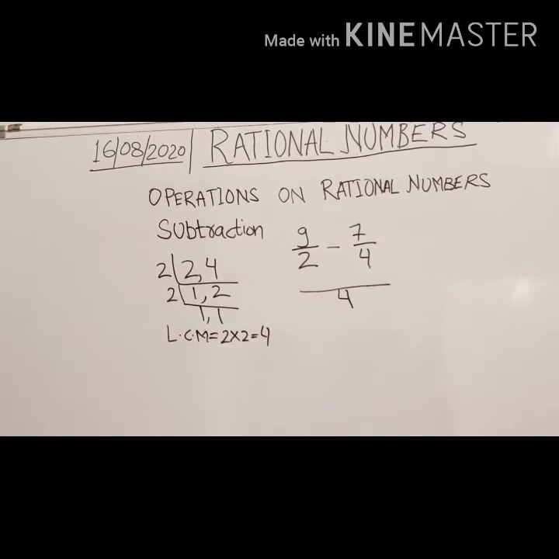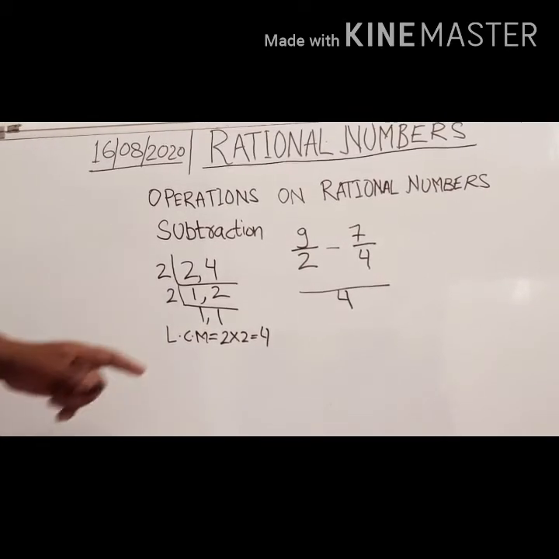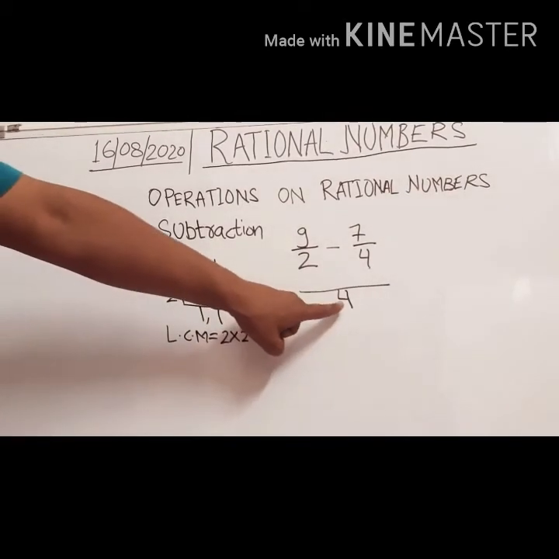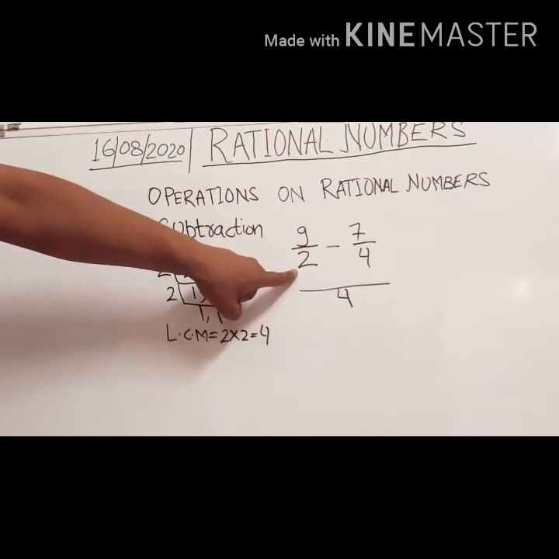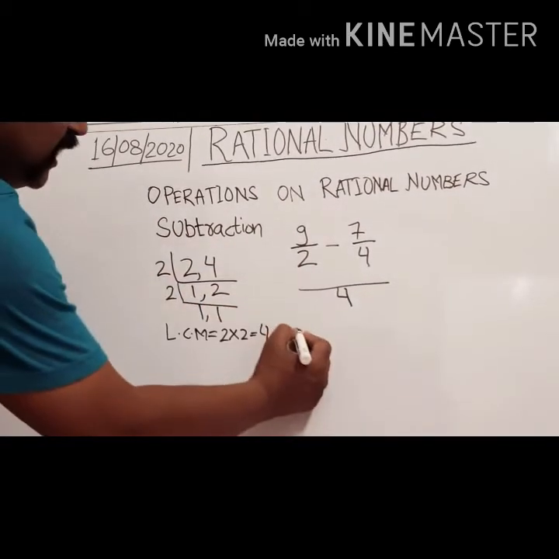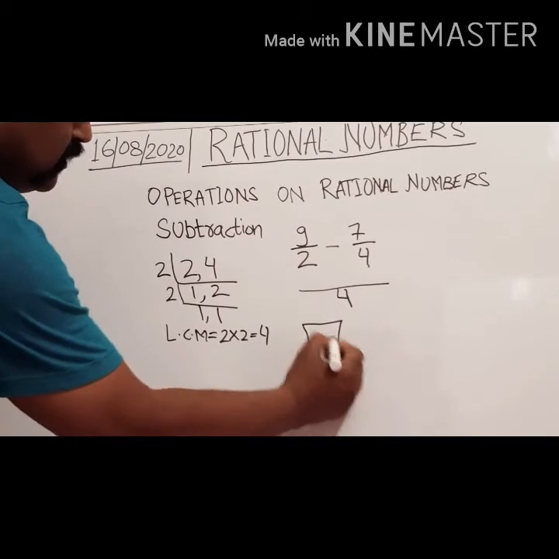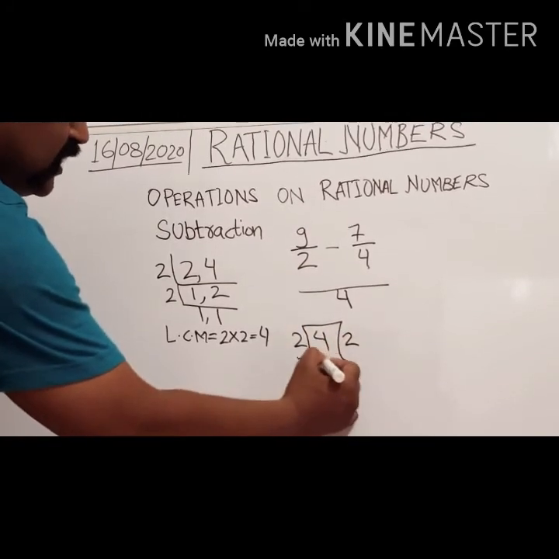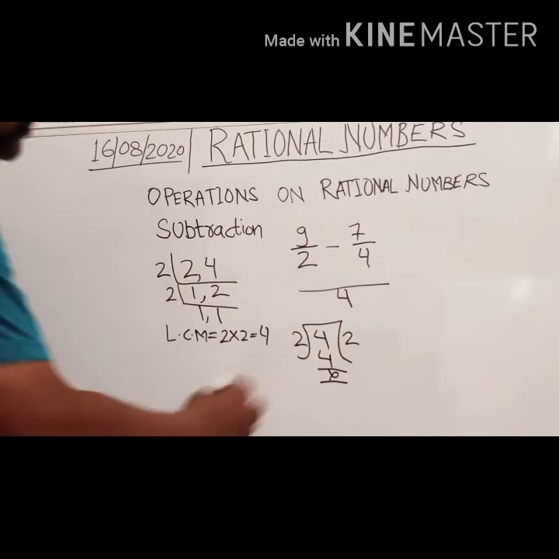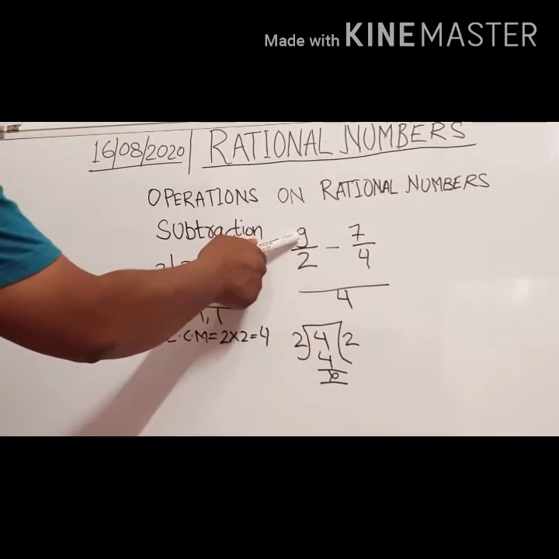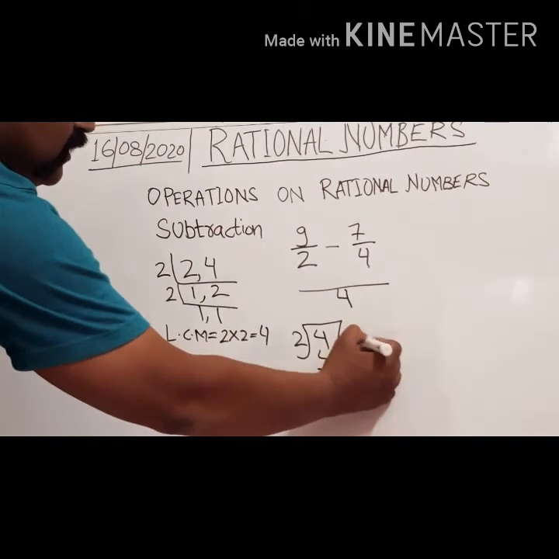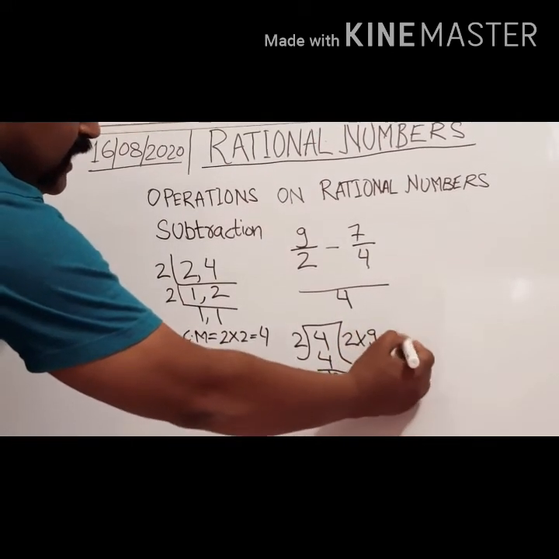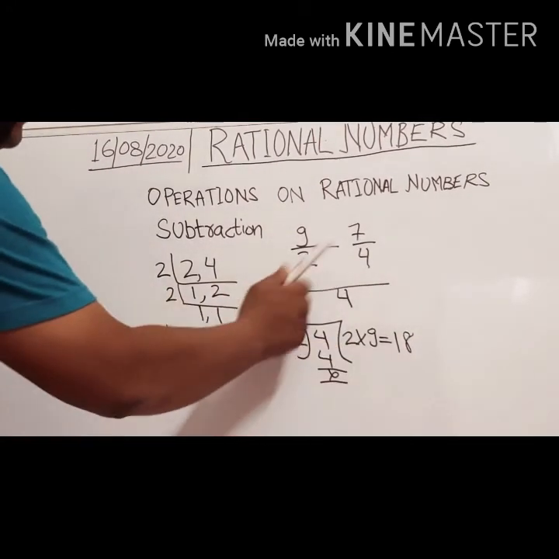Now like the last addition, we will divide this 4 by the denominator 2. Let us see how we will do it. 4 divided by 2, that is 2 2s are 4. Now this 2 will be multiplied by this numerator 9, it will be 18, and this 18 will be written here.